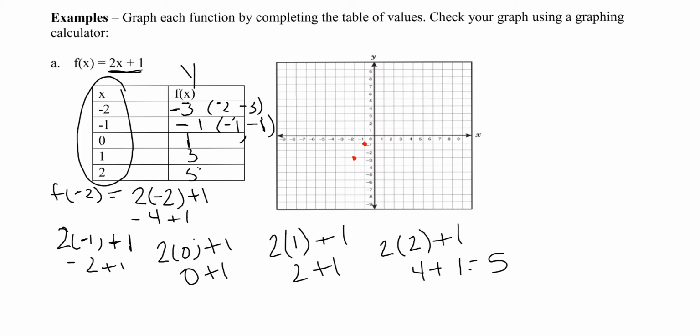We have 0, 1. So we'll go to 0 on the x-axis, up to 1 on the y. 1, 3. So out to 1 on the x, up to 3 on the y. And then 2, 5 will be right here. And we will draw our line.